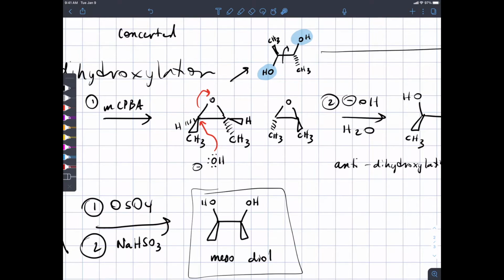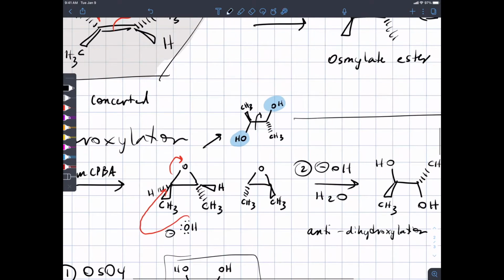So if I wanted to show approaching of this OH group from behind, maybe this would have been the better way. In so doing, we break this bond, and then these two groups, methyl and hydrogen, as you would expect in an SN2 reaction, used to be angled down towards the bottom of the page, but we're going to invert that stereocenter, and so now they're angled up towards the top of the page.